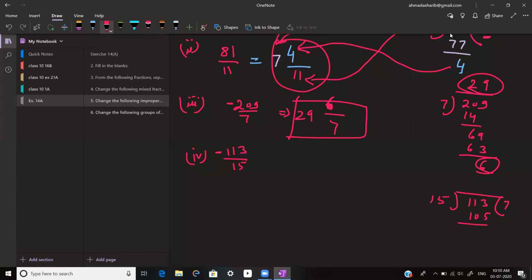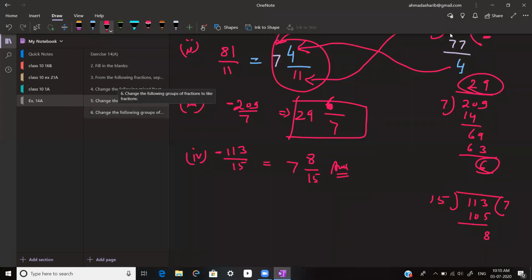Okay, so what is the remainder? 113 minus 105 is 8. So you will write 7 whole 8 upon 15 as your answer. Clear, students? Is it clear?